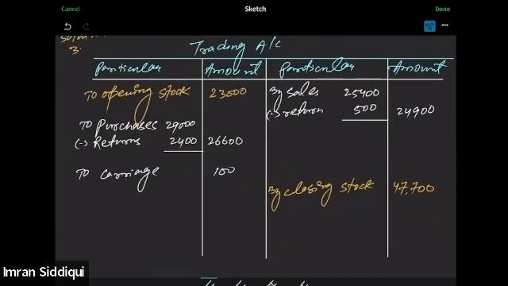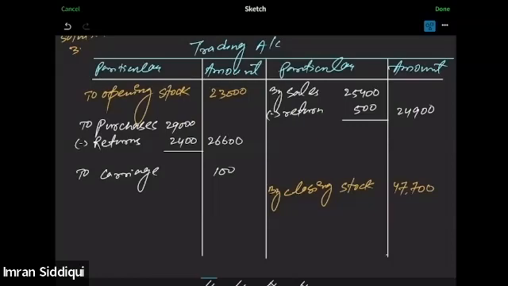Let's first look at the total of the credit part. As we can see on the credit side, we have 24,900 and 47,700. Let me total this. 24,900 plus 47,700 is 72,600. And as far as I'm able to see, credit side is greater than the debit side.